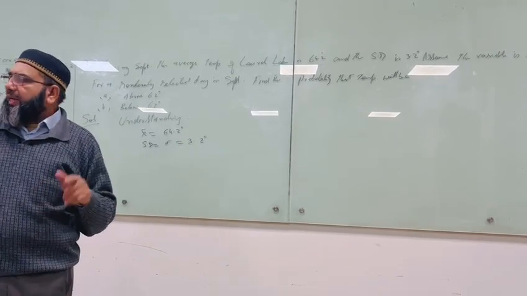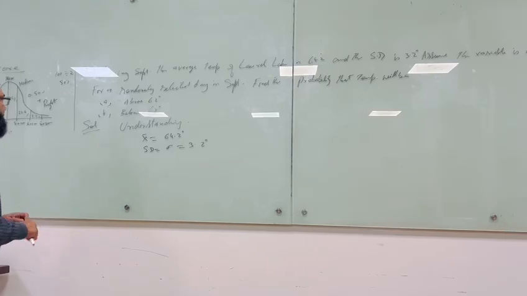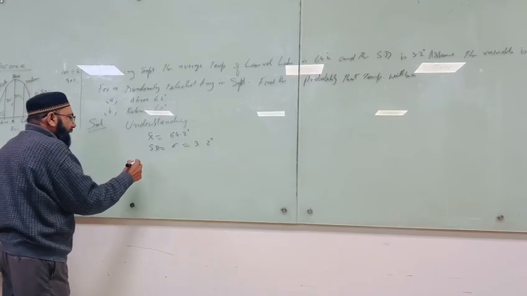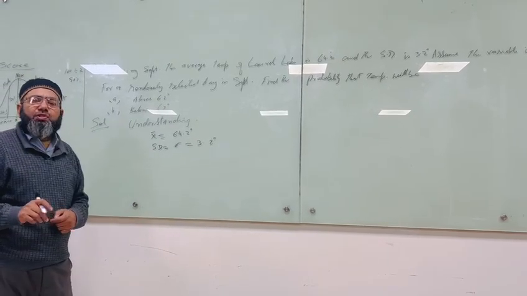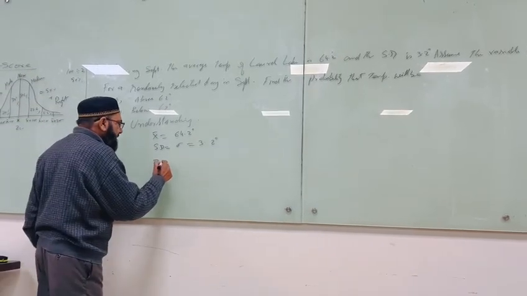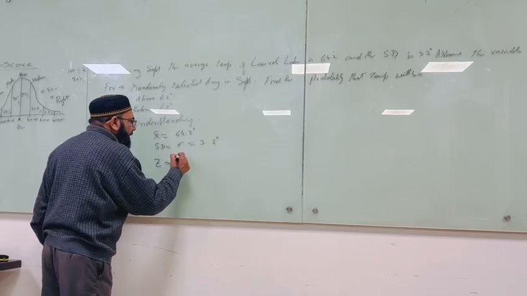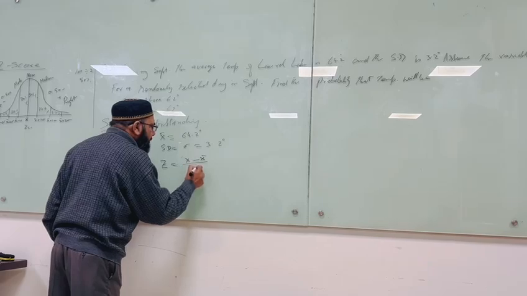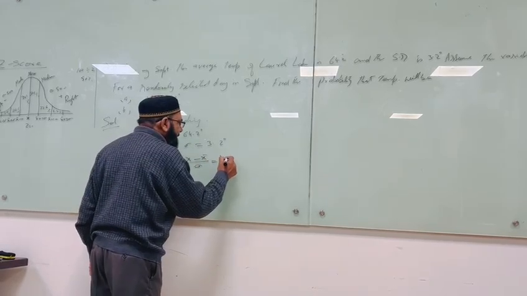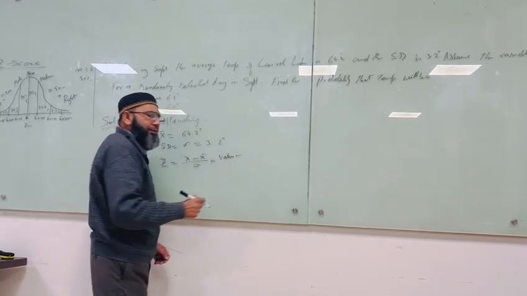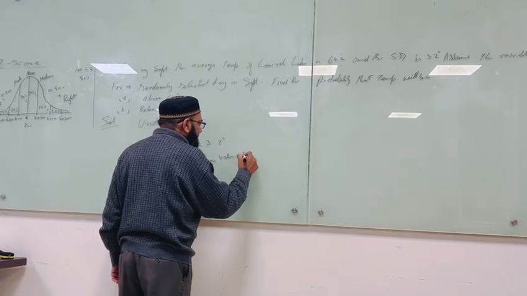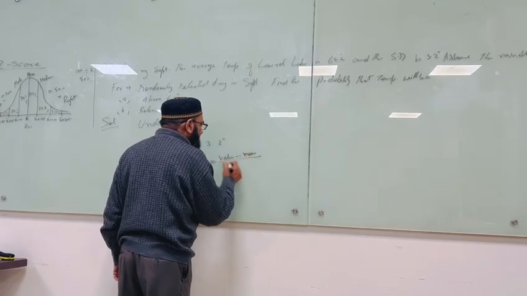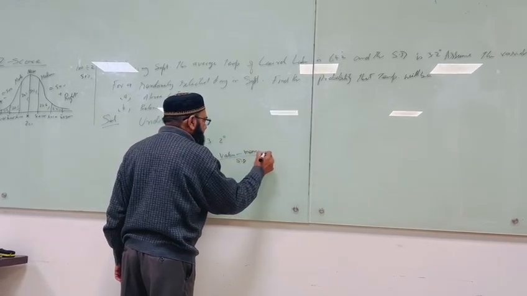Let's calculate it one by one. First, what is the formula for the Z-score? The Z-score formula is: the value, what we have to find, minus the mean, over the standard deviation.